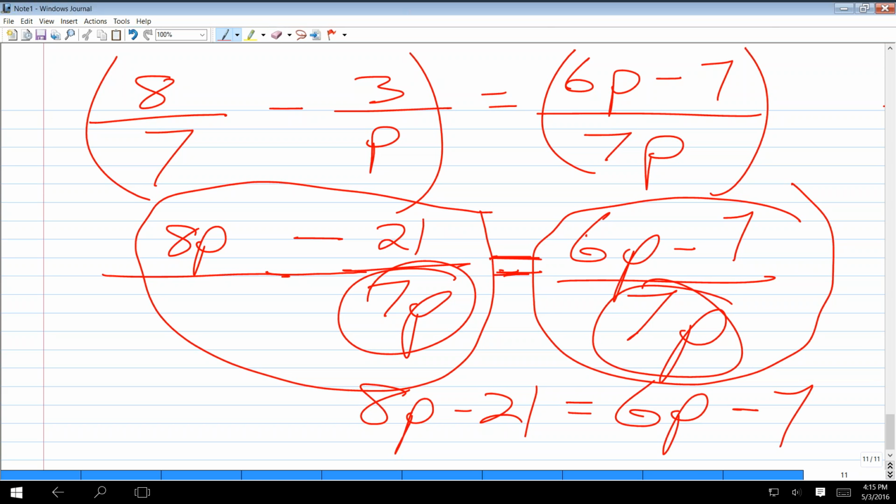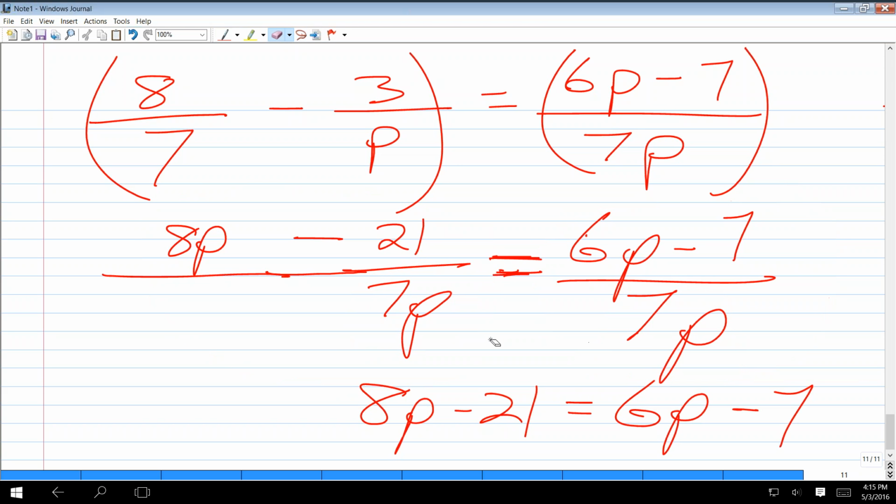But you have to realize that you're looking at a special situation here where the denominators are the same, therefore equate the numerators. So if the denominators are the same, the numerators have to be the same. And vice versa.